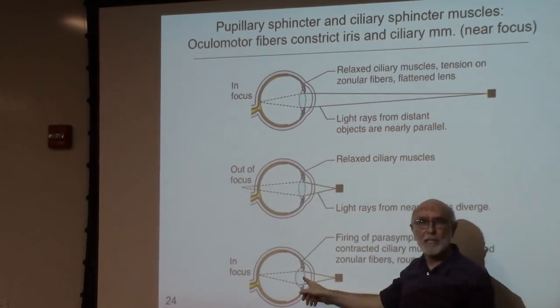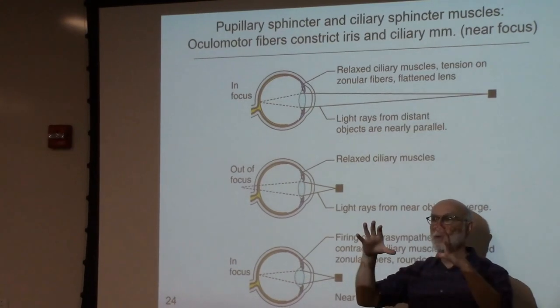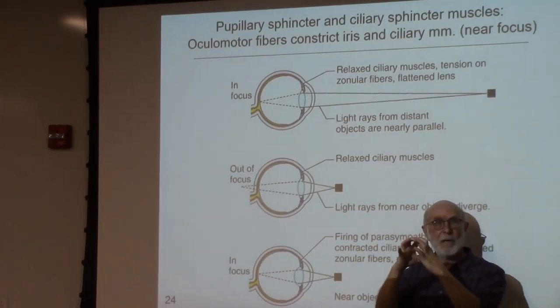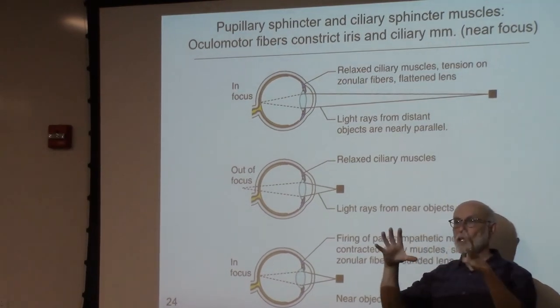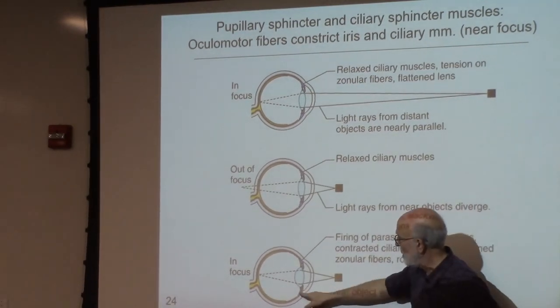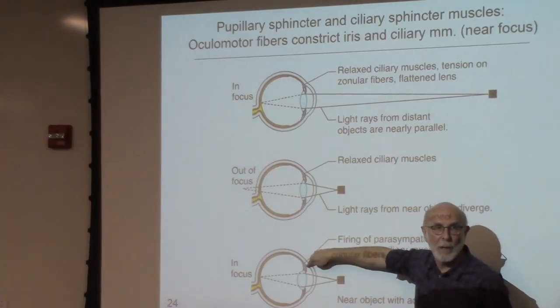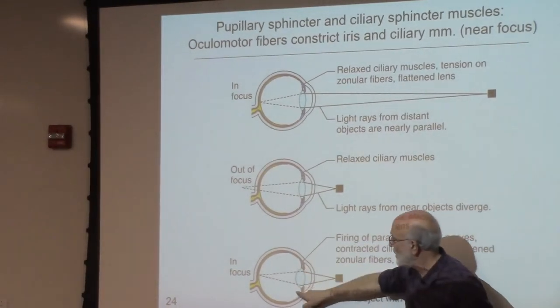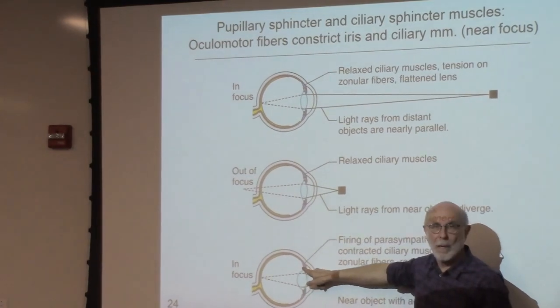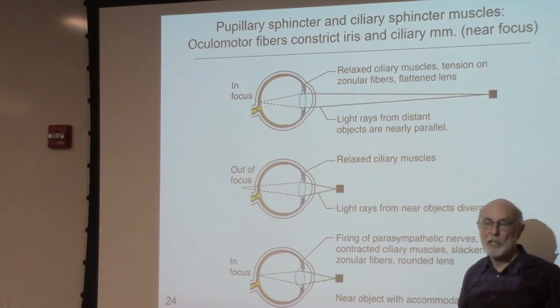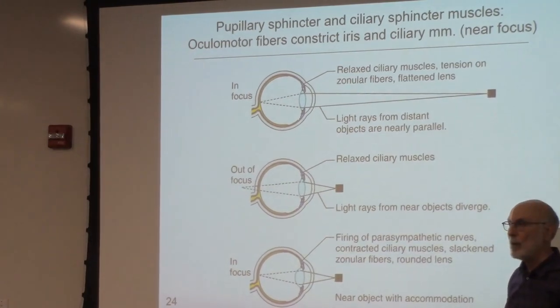In order for my lens to bulge, I need to constrict the ciliary muscle. So the oculomotor nerve is constricting the ciliary muscle, putting less tension on the zonular fibers, allowing the lens to round up, and putting the image of the object in focus on my retina.